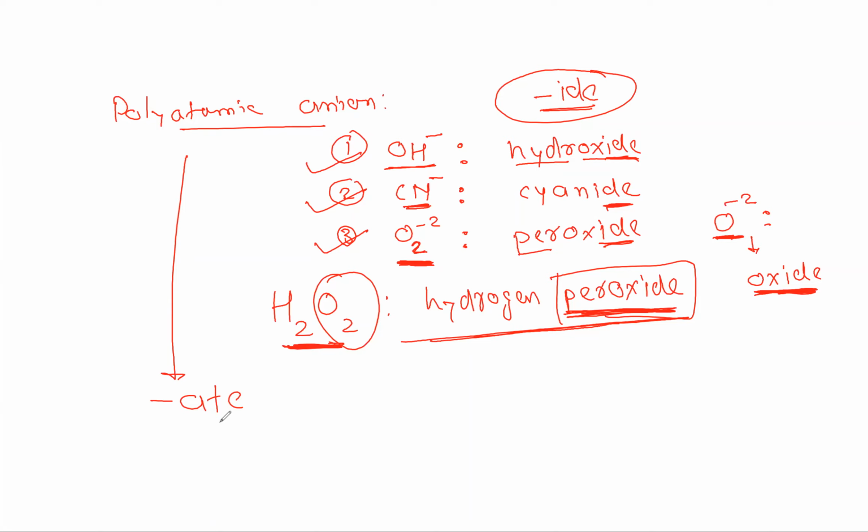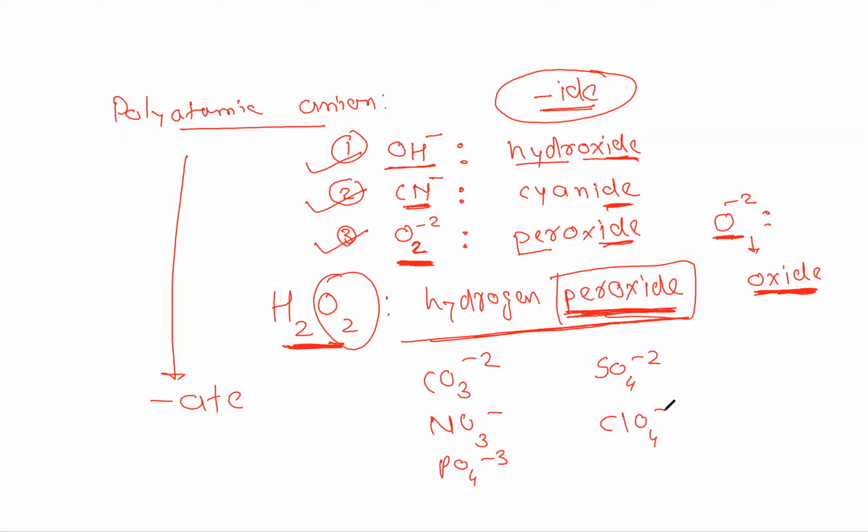I hope you are seeing a table right now, at the bottom of page number 3, which says CO3 minus 2, NO3 minus, PO4 minus 3, SO4 minus 2, and ClO4 minus. All of these ions are polyatomic anions because you see more than one element as an anion.